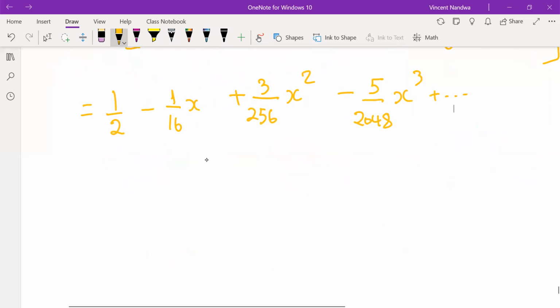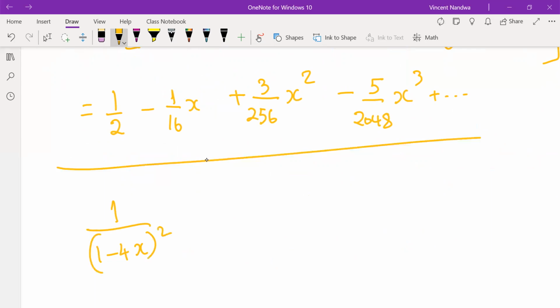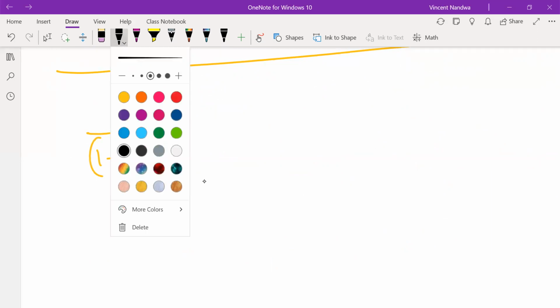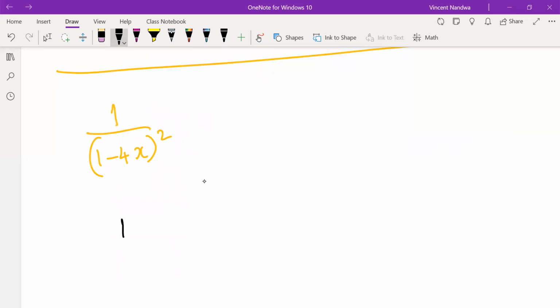Next question, expand 1 over (1 minus 4x) squared. So for this, we write it as (1 minus 4x) power minus 2.